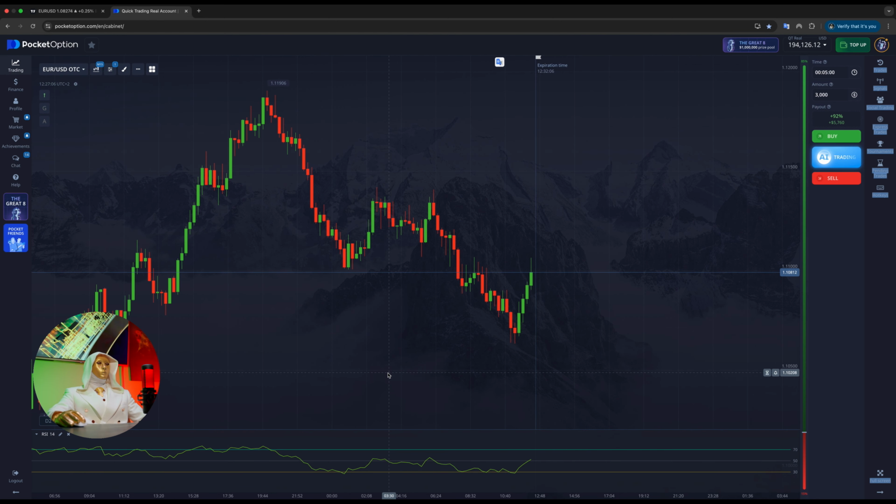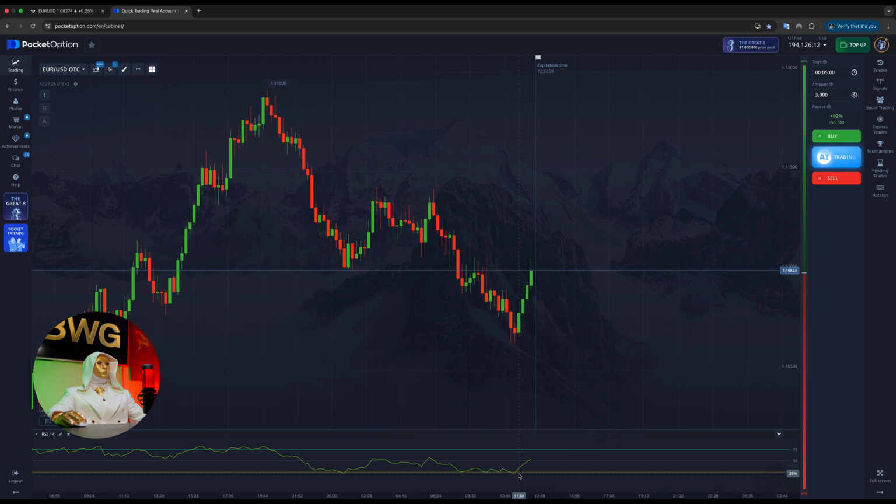Okay, now let's talk about the indicator itself, or rather the oscillator to be precise. What does it indicate to us? We have here, as you can see, a sliding line going. We have lines at level 30 and 70. What do these levels mean?